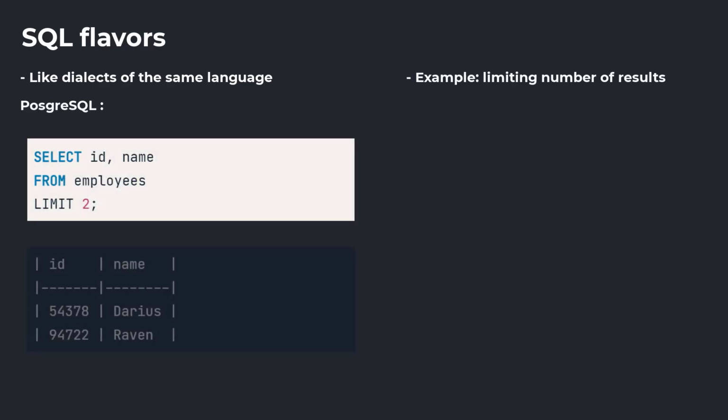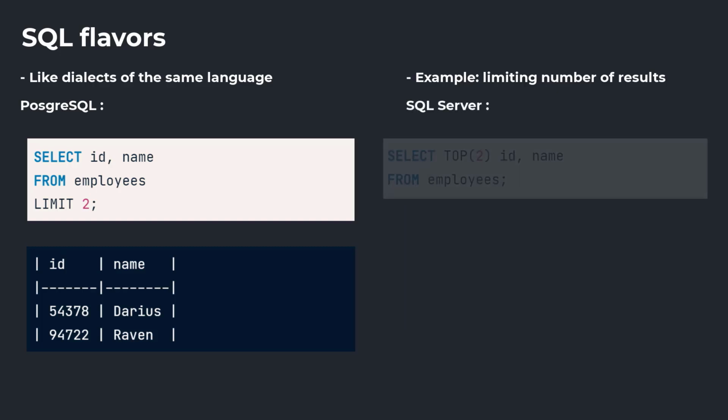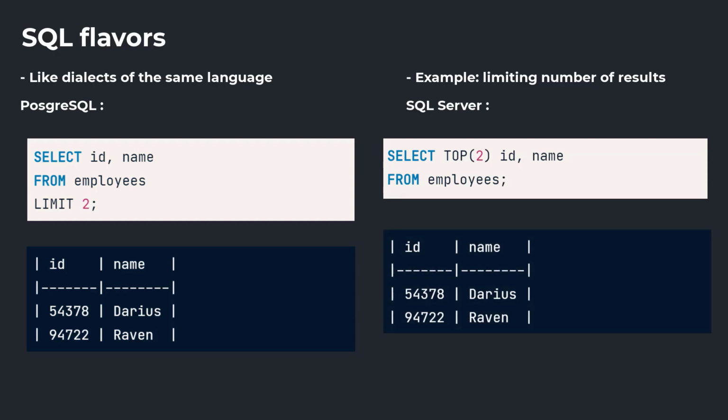Here's an example of a small difference between SQL Server and PostgreSQL. When we want to limit the number of records returned, we use the limit keyword in PostgreSQL. Here, we limit the number of employee names and IDs selected to only the first two records. The exact same results are achieved in SQL Server using the top keyword instead of limit.